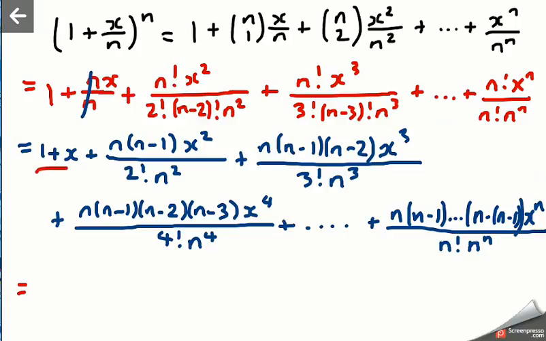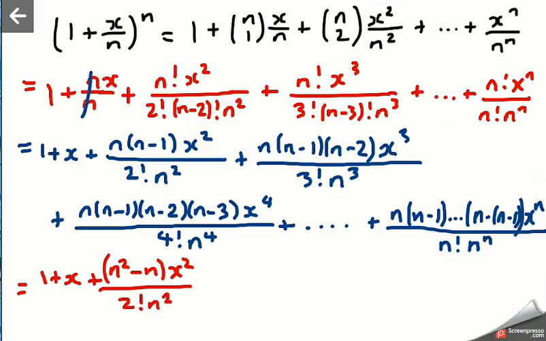So we've still got 1 plus x, plus, and now when we expand this one out here, we get n squared minus n, and we're still multiplying that by x squared, and this is still divided by 2 factorial times n squared, plus, well, n times n minus 1 times n minus 2 times x cubed.